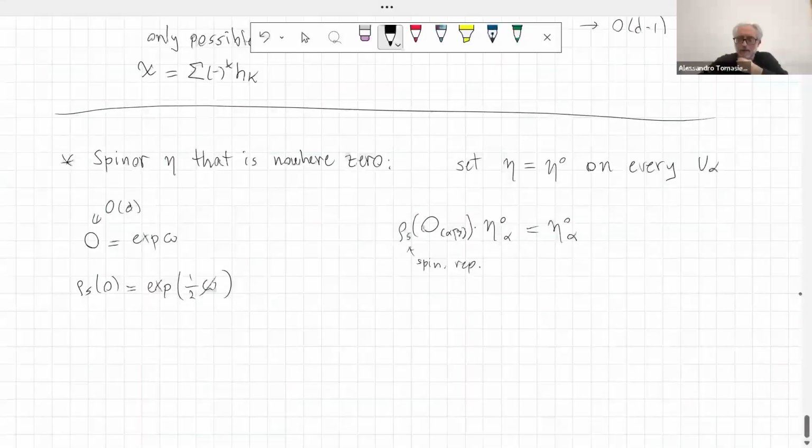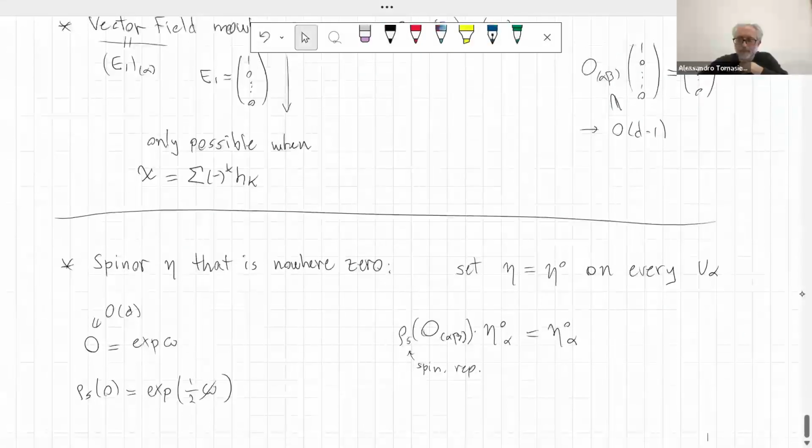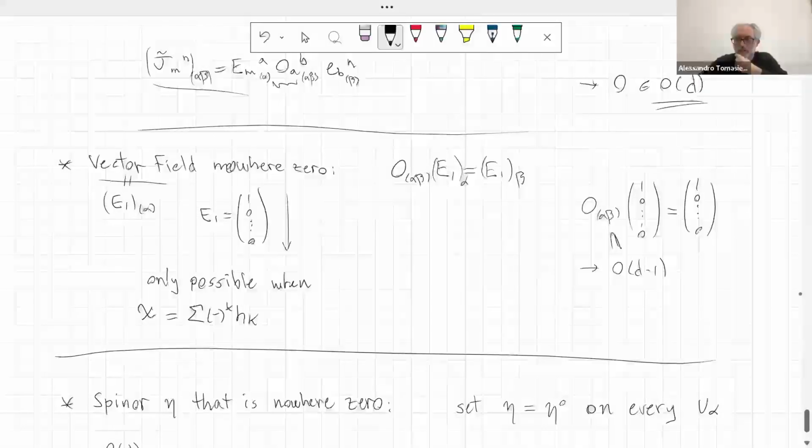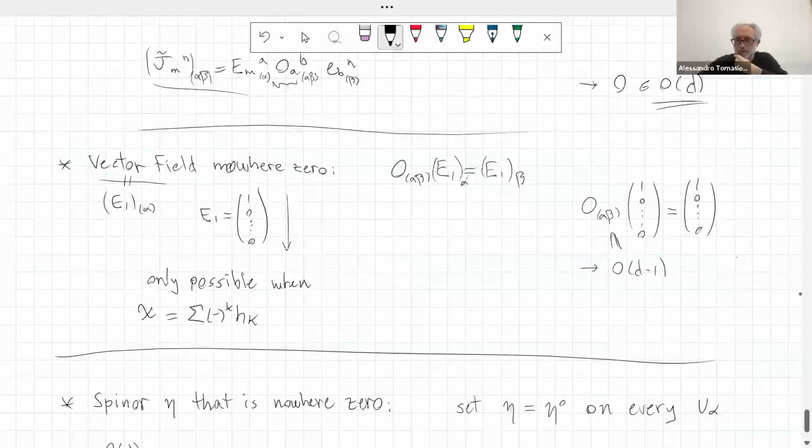So now, in the previous case, it was pretty easy to see what this condition amounted to. Because you have an orthogonal matrix that leaves invariant one vector, it only rotates the remaining vectors.